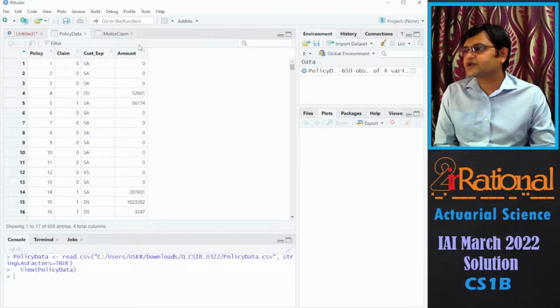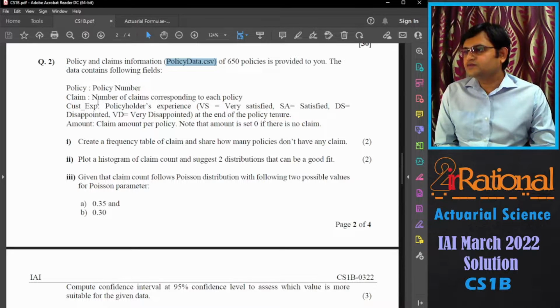Okay, so let's read what the question says. We have policy and claim information; policy data.csv of 650 policies is provided to you. The data contains the following fields: policy number, claim, a number of claims corresponding to each policy, and this is the policy holder's experience, so it is customer experience.